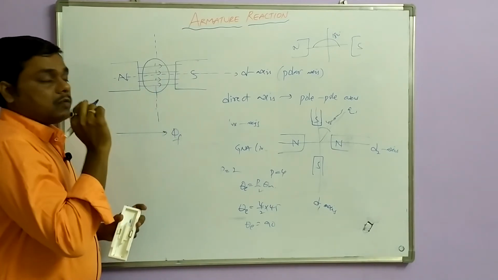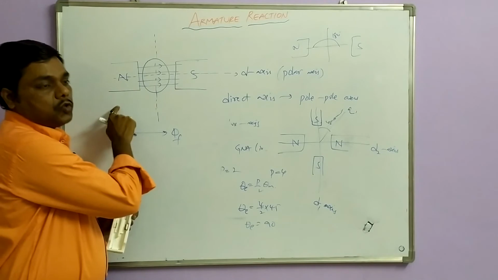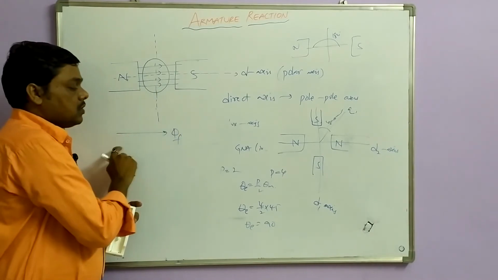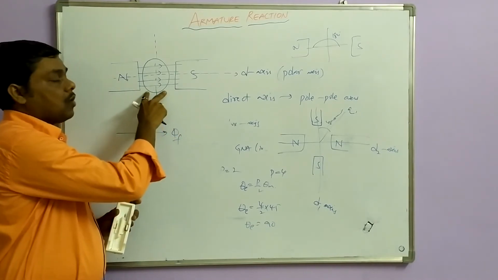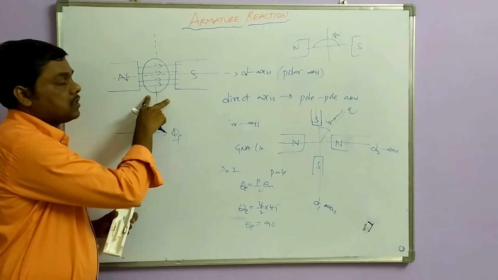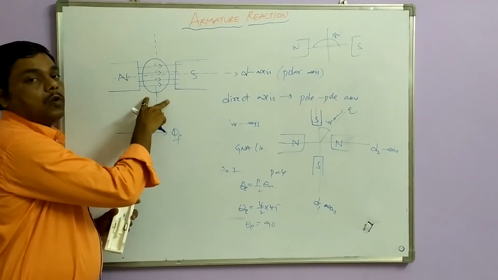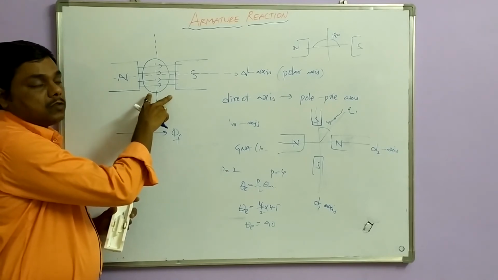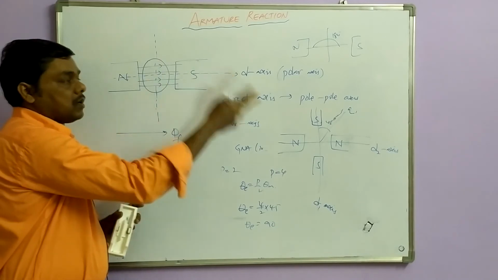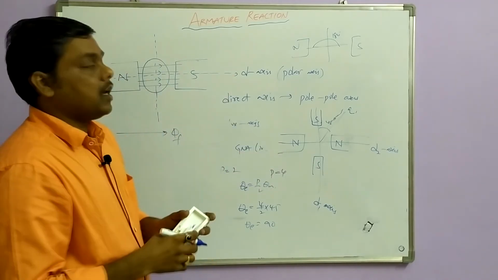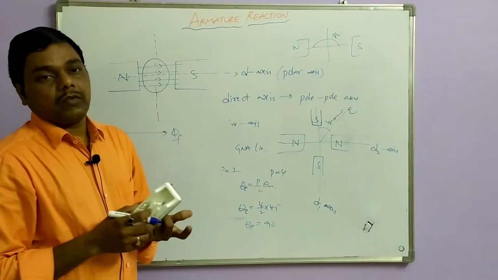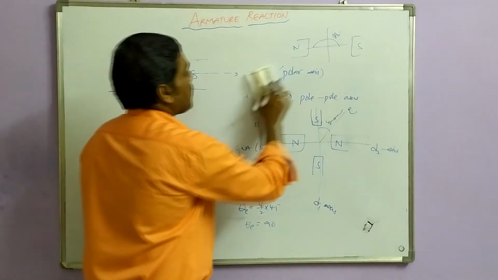We already said we have two fluxes: one is due to the main field, that is the field flux, and one is due to the armature conductors. Here I am assuming there is no current in the armature conductors, but if the armature has some current, what is the direction of the armature flux? I am going to draw that.